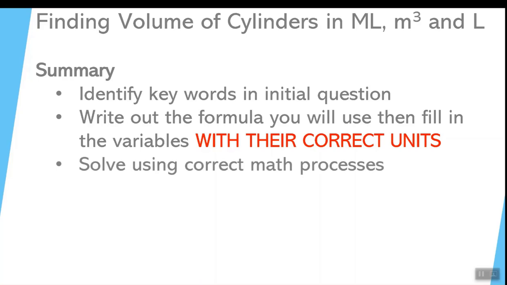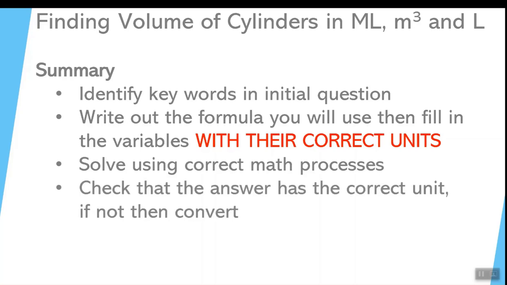Then it becomes time for you to just do your basic solving, isolating your answers so that your known is on one side, the unknown is on the other. Get your answer and then check to see if the answer has the correct unit. And if it doesn't have the correct unit, what are you going to have to do to convert it? In this case, we went from cubic meters to liters by multiplying by 1,000.